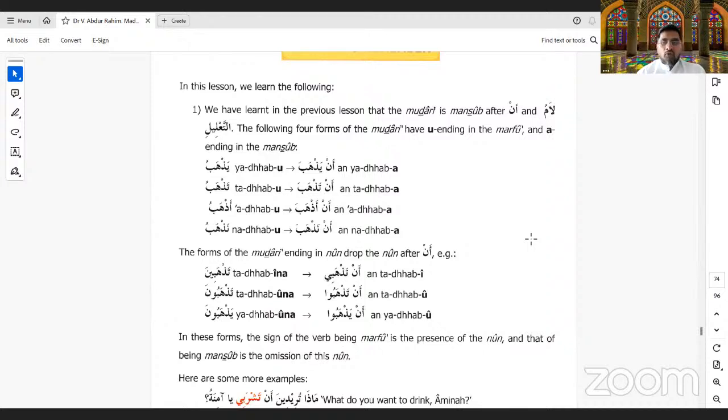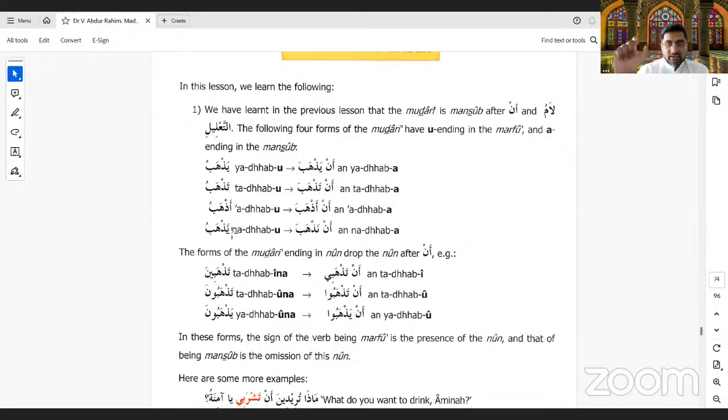And of course, they have different forms. It can come in the singular form, in the dual form, and in the other forms. What happens is that you translate it as "to go", even though it represents huwa yadhabu, he is going. Tadhabu, she is going. Adhabu, I am going. Nadhabu is we are going.